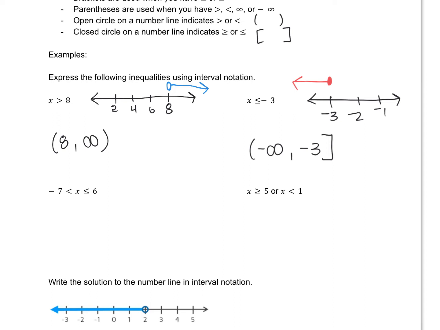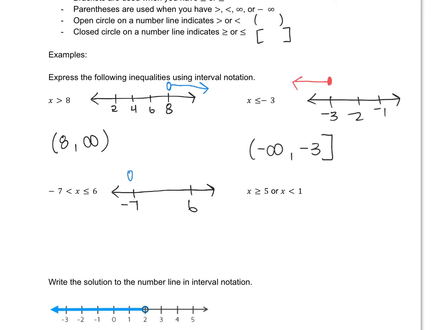Okay. Now we're going to look at the compound inequalities and an or. First one, we're looking at that x is greater than negative 7 and less than or equal to 6. On my number line, I'm going to put negative 7 on the left and then 6 on the right. I'm strictly greater than negative 7, so negative 7 gets an open circle.